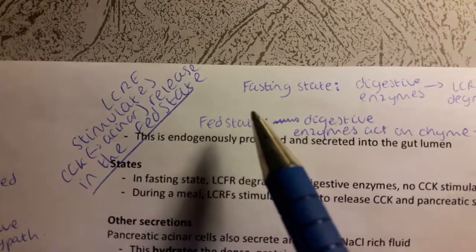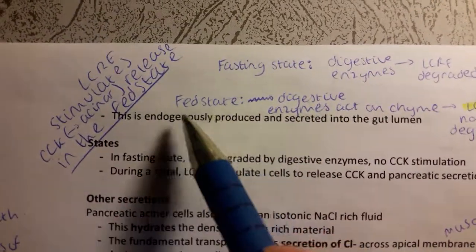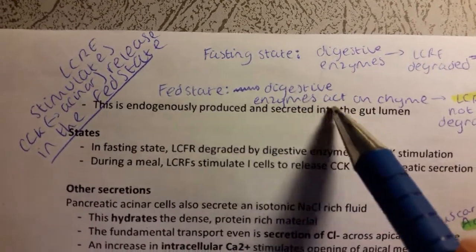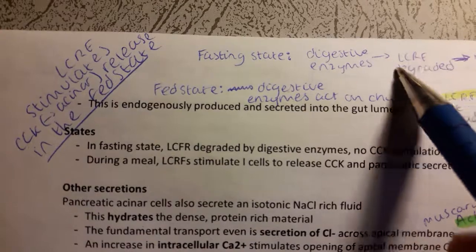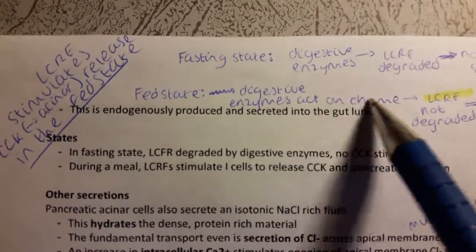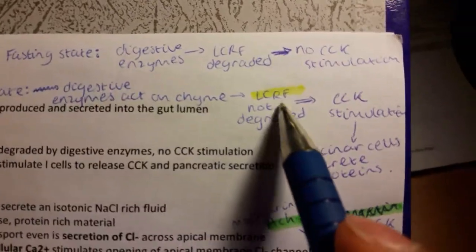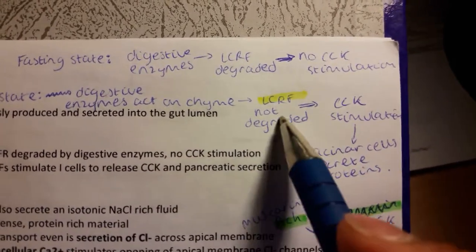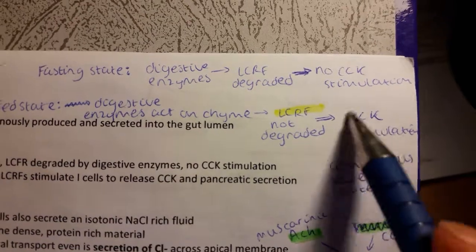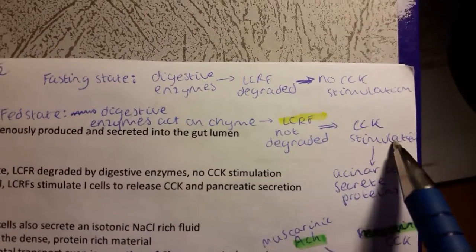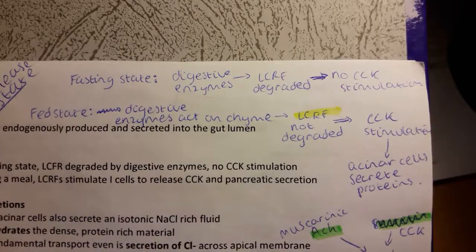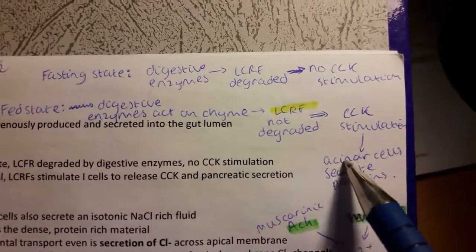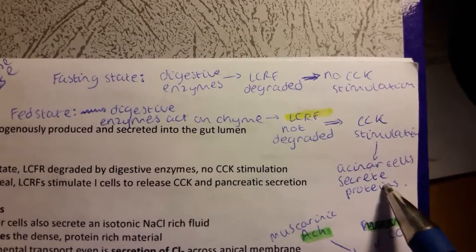However, in the fed state, you've eaten food, you've got a lot of chyme, and therefore the digestive enzymes, instead of degrading the luminal cholecystokinin releasing factor, are acting on the chyme. So the luminal cholecystokinin releasing factor, LCRF, is not degraded, and then it can stimulate the duodenal I cells to release cholecystokinin. And cholecystokinin, through activating the PKC pathway, will stimulate the acinar cells to secrete proteins.